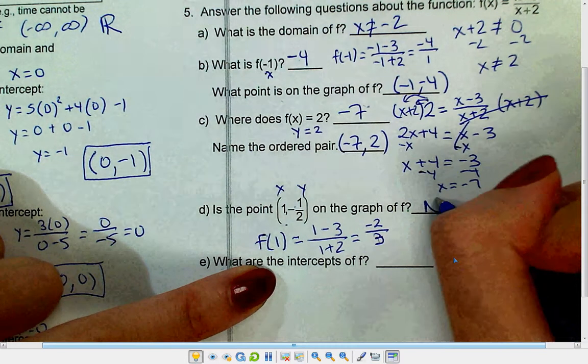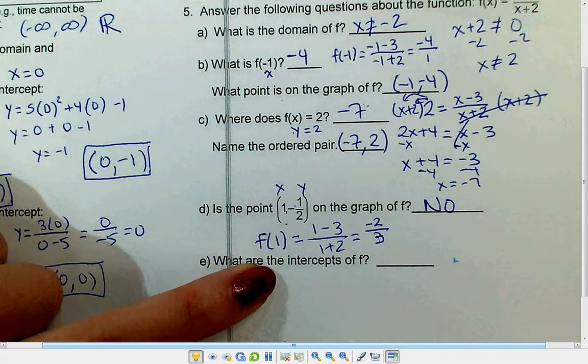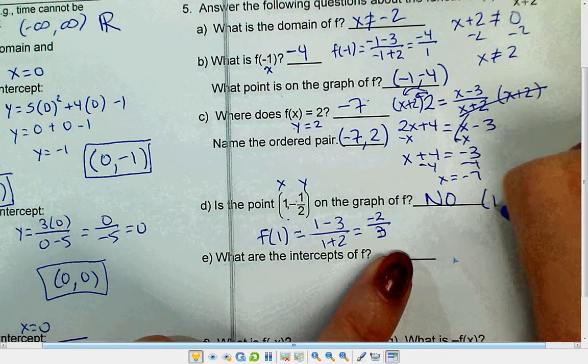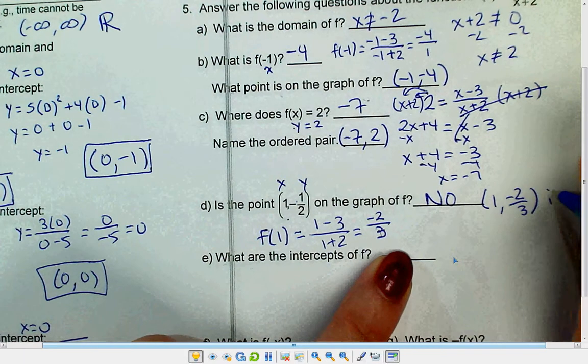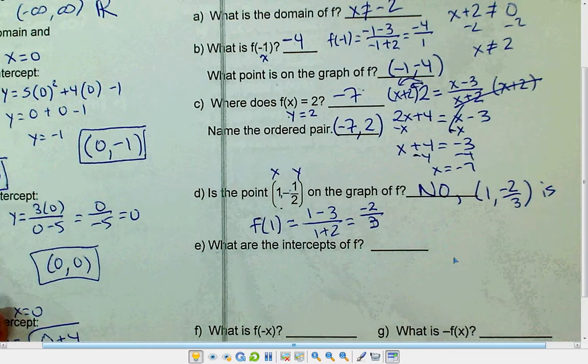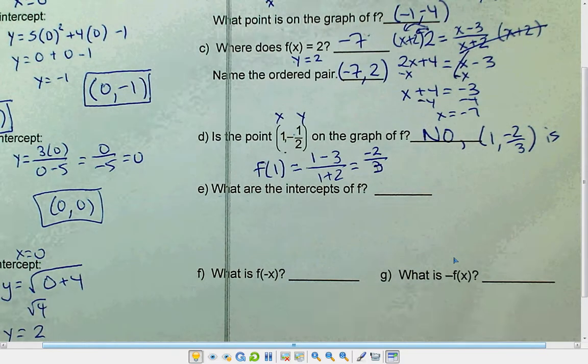So no, this point is not on the graph because 1 comma -2/3 is, not 1 comma -1/2.